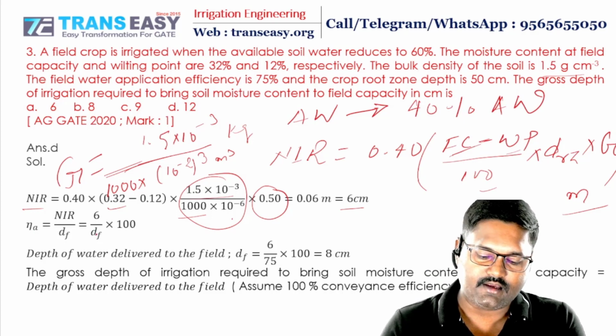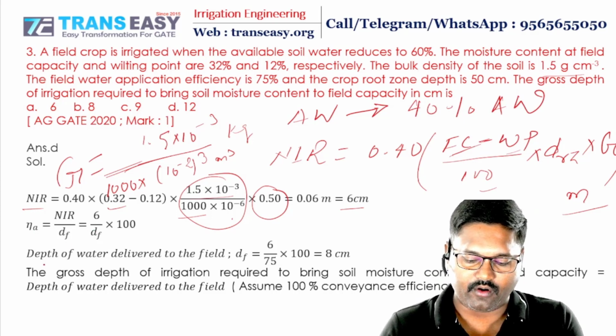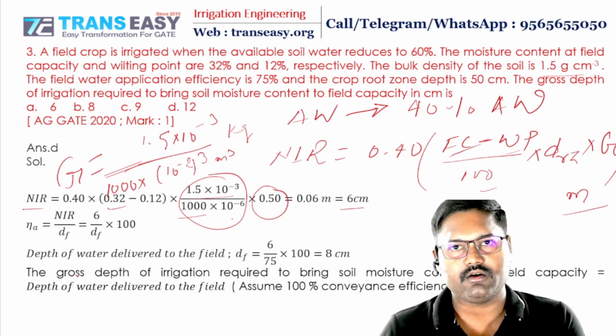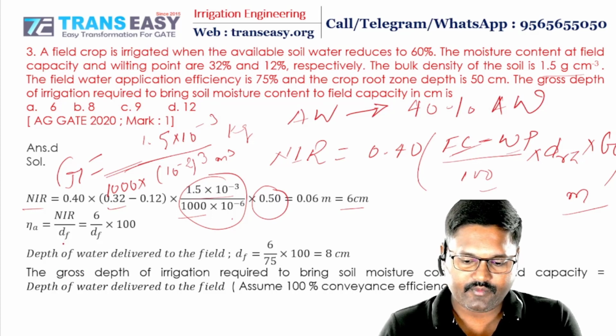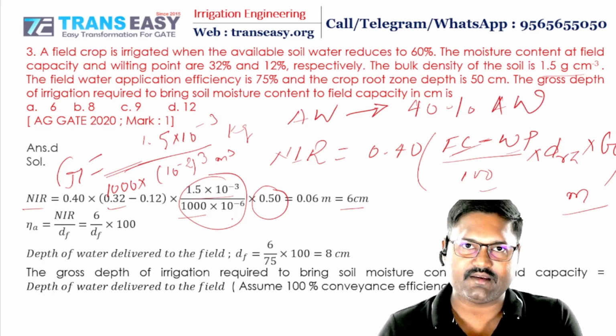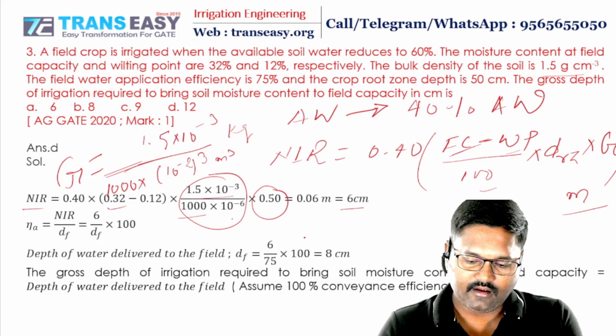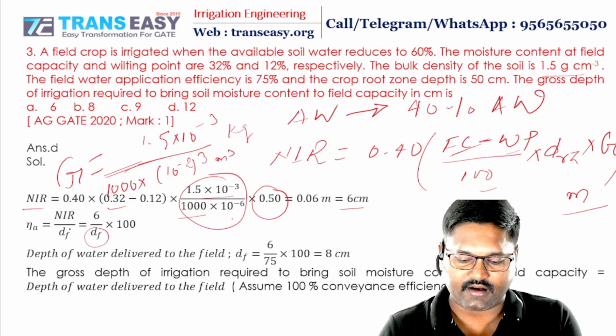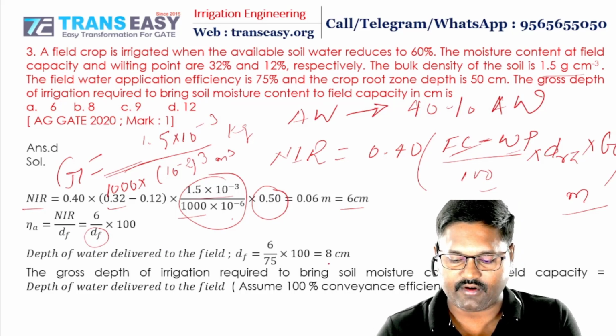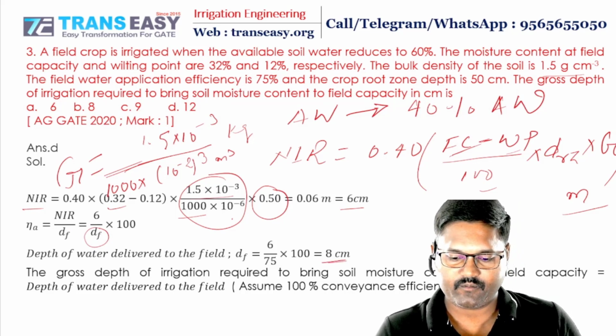Application efficiency is net irrigation requirement upon depth of water delivered to the field, right? Application efficiency is 75% and irrigation requirement is 6 centimeters. So depth of water delivered to the field is calculated as 8 centimeters, right?